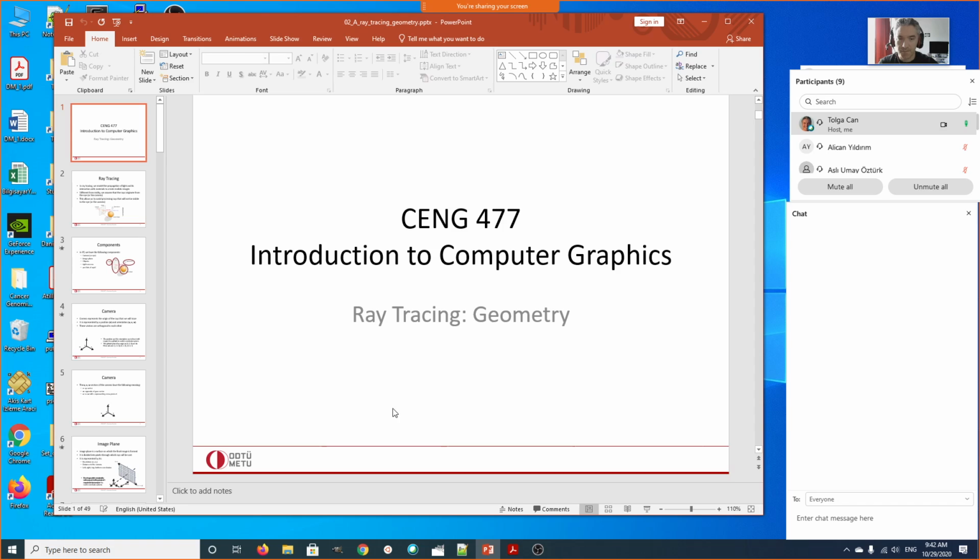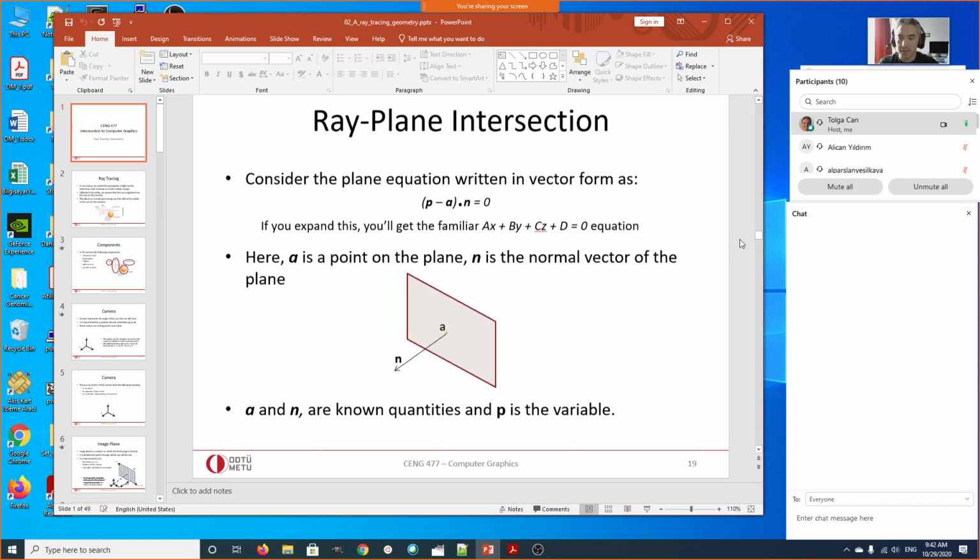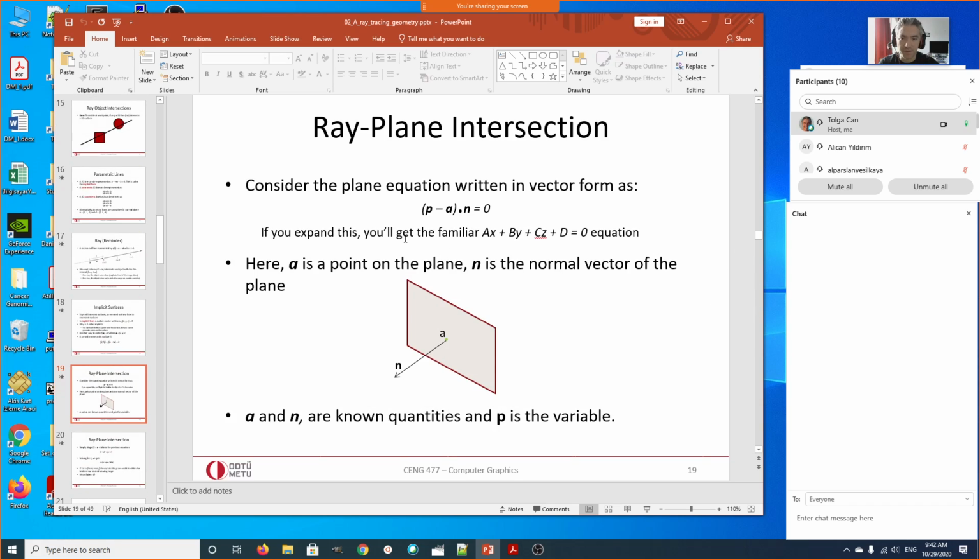Okay, so last time we were talking about ray tracing geometry. I talked about how we can intersect a ray with a triangle. A lengthy but simple method was using ray plane intersection. First, we need to get the plane equation.